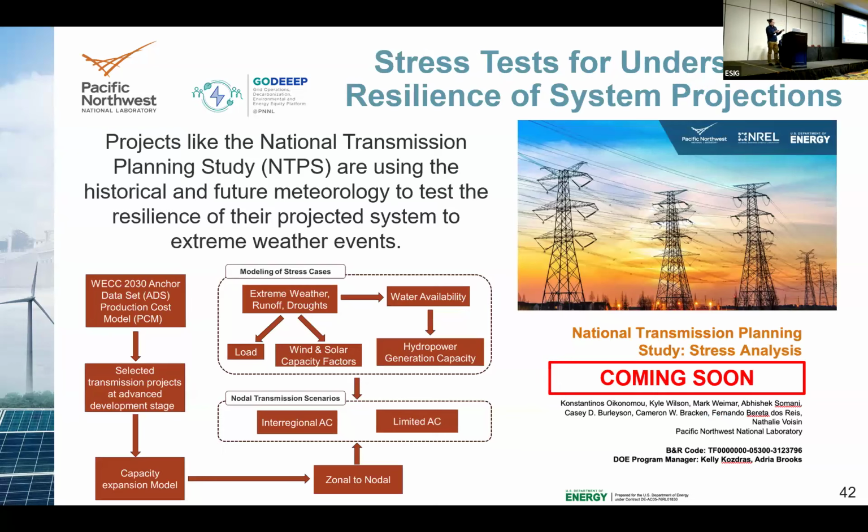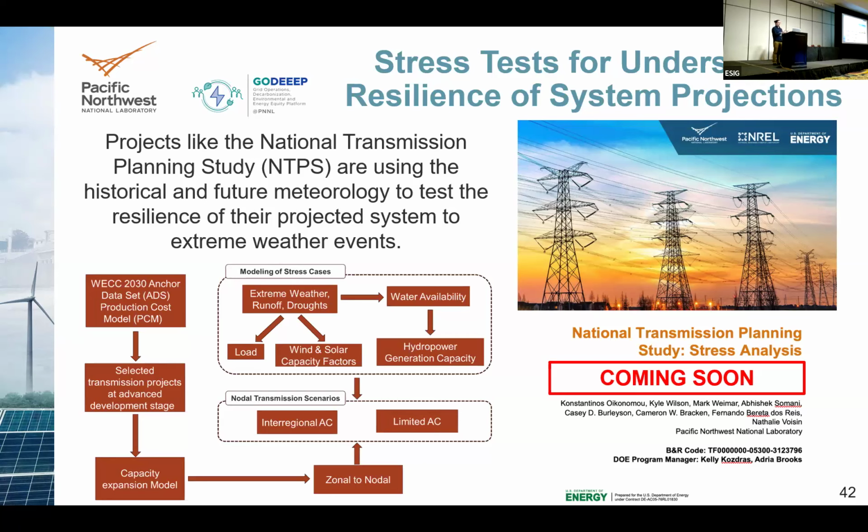Moving on to some other applications of this coincident data that we've recently worked on. One is this National Transmission Planning Study, which is focused on stress events for the grid. They used particular events that they knew were stressful to the grid, particular heat wave events in the past, in I think 2015 and 2018.